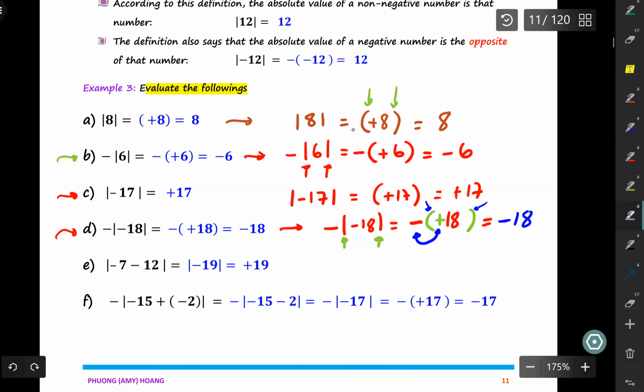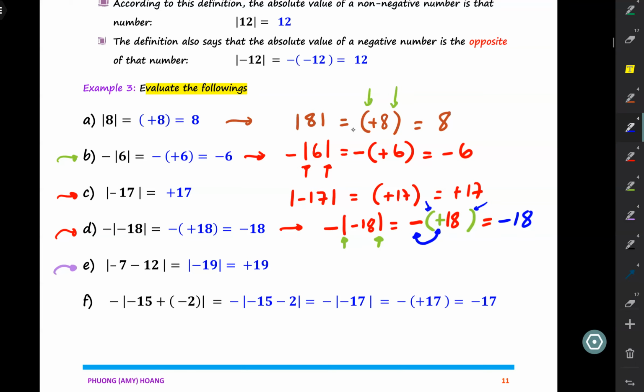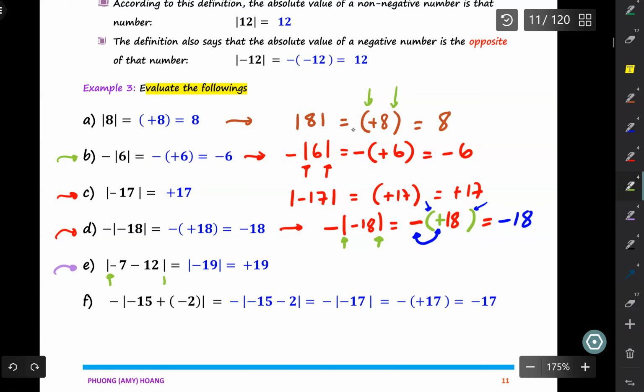Okay, so let's go over example 3e. In this example 3e, we have absolute values right there and at the end, and inside this absolute value notation we have an operation. So you have negative 7 subtract 12.